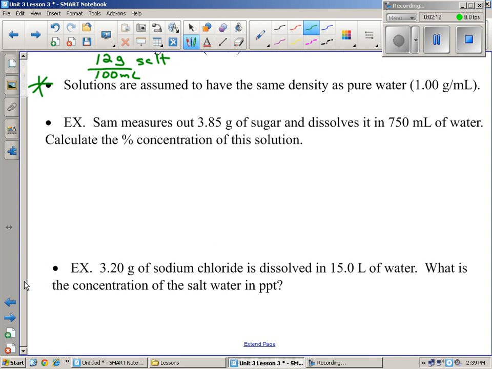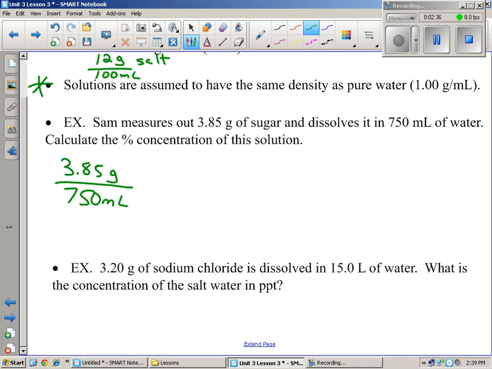Doesn't matter. Sam measures out 3.85 grams of sugar and puts it into 750 milliliters of water. So here we go. 3.85 grams of sugar. And he puts it into 750 milliliters. They want to know, what's the percent concentration for this solution? All you are doing in this particular case is making equivalent fractions.